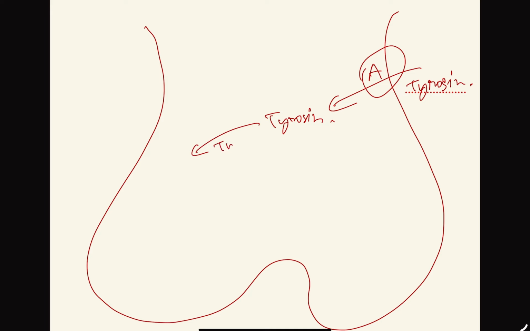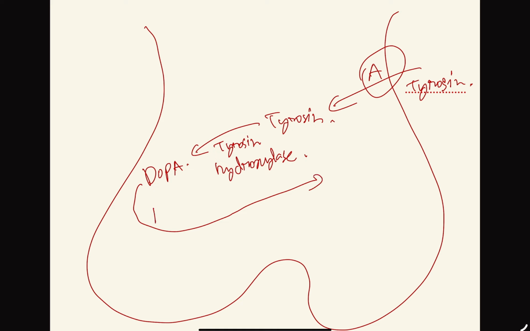Tyrosine, by the tyrosine hydroxylase enzyme, converts into dopa, and dopa, by the dopa decarboxylase enzyme, converts into dopamine.